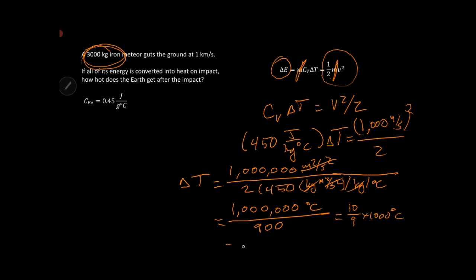And I know 10 over 9 is 1.1, so we have 1,111 degrees C as the temperature change. So that's a huge amount of energy, right? That's a huge temperature change from just being hit by a meteor.